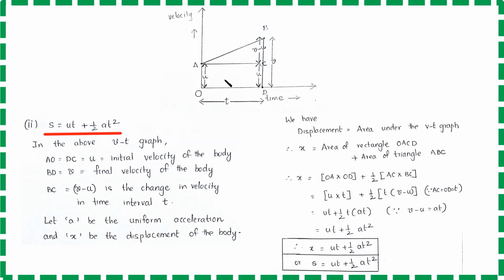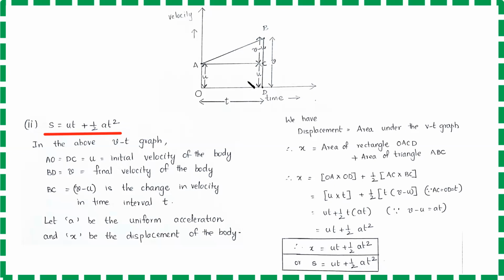But this area consists of two parts, one rectangle and one triangle. You can see here, the rectangle is OACD and the triangle is ABC.